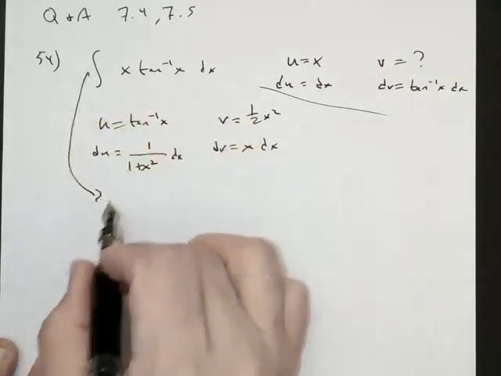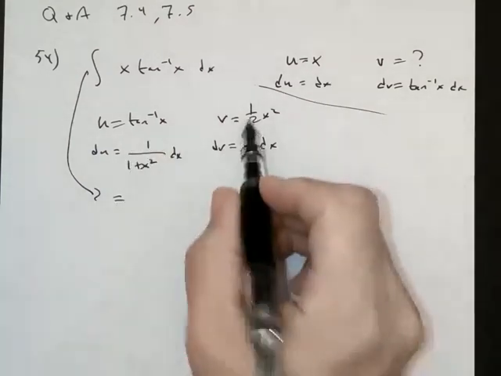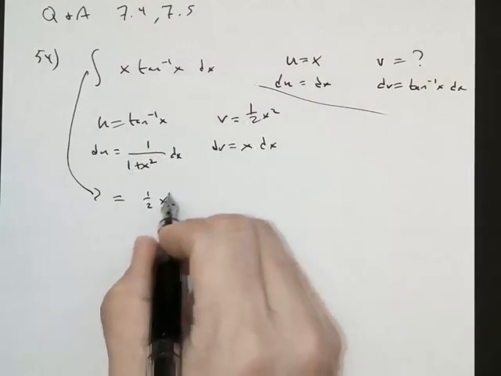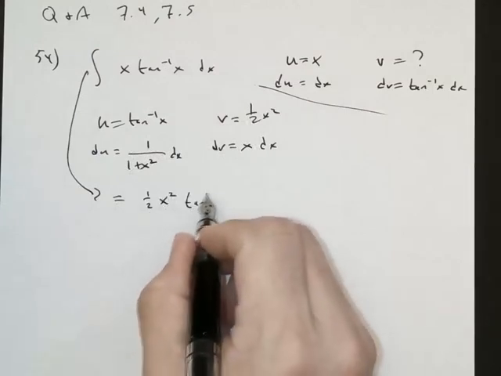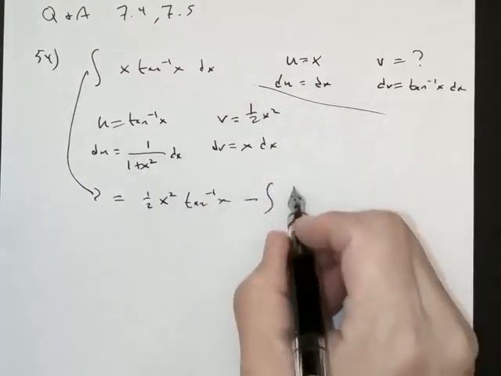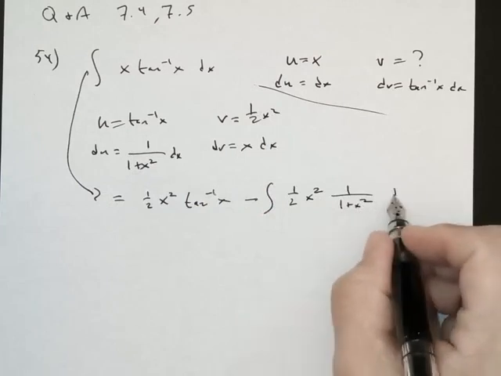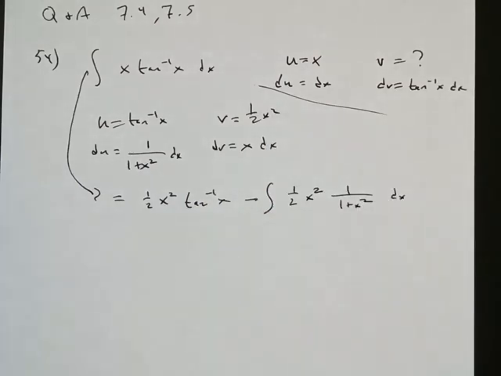So, the formula for integration by parts. The integral of u dv is uv minus the integral of v du. Disgusting, right?